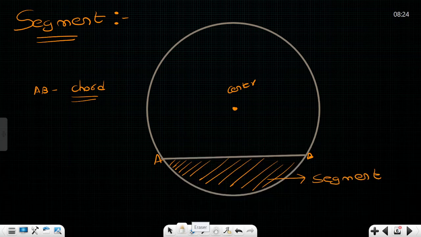So now here, if you see carefully, AB chord, okay, tap is leaking. Tap is leaking.